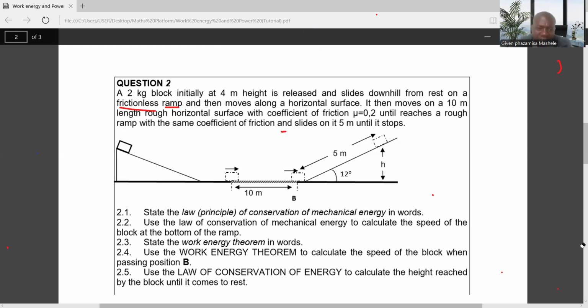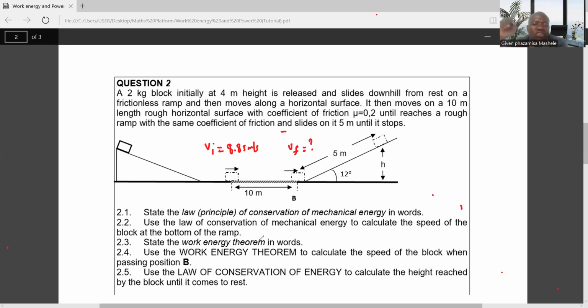So yes, this was the final velocity, but now it will become the initial. So the initial velocity is 8.85. We want the final when it was here, where it moves a distance of 10.